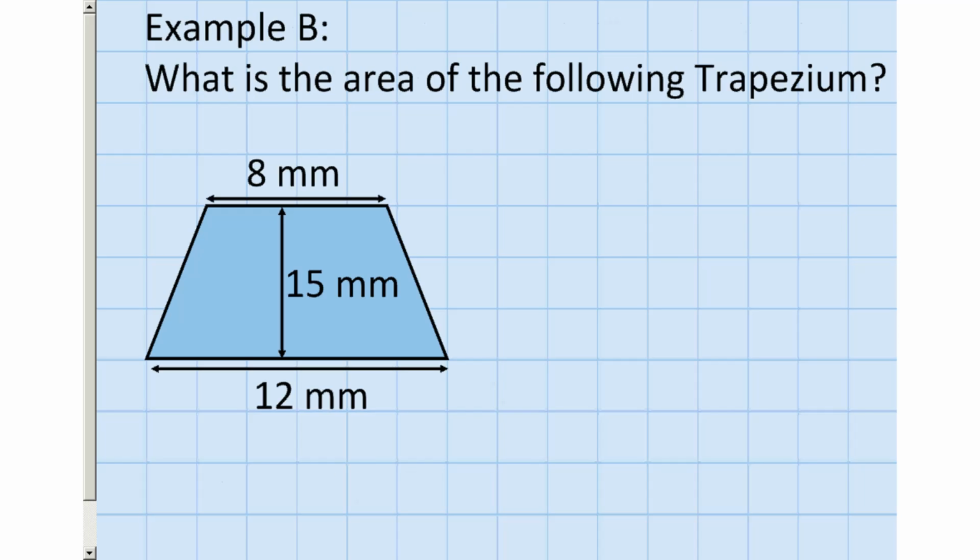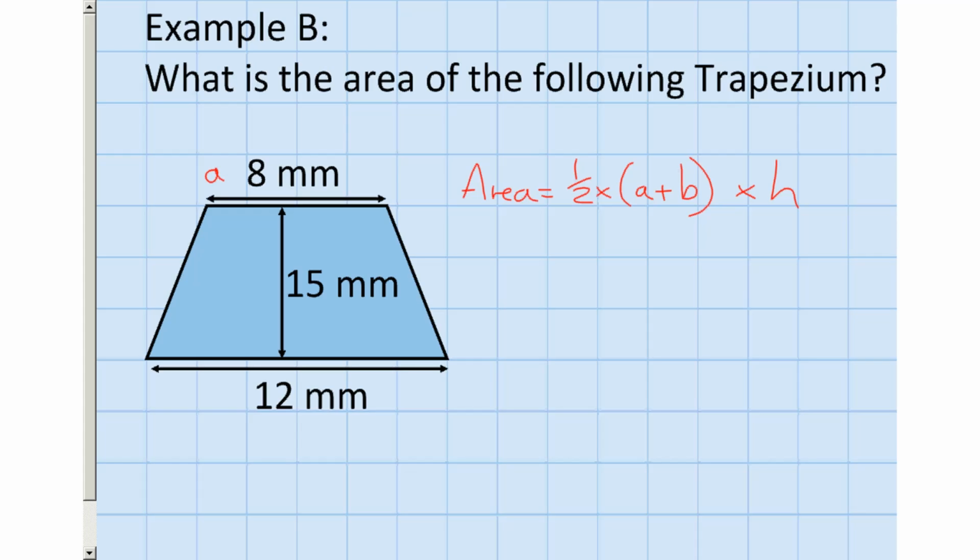So here we've got a trapezium with lengths 8mm, 15mm and 12mm, and we need to use that formula. Now I'm just going to write down that formula again because you'd be able to see it in the exam. Now the area is half of A plus B times H. I'm going to label up my trapezium as well, what A, B and H are.